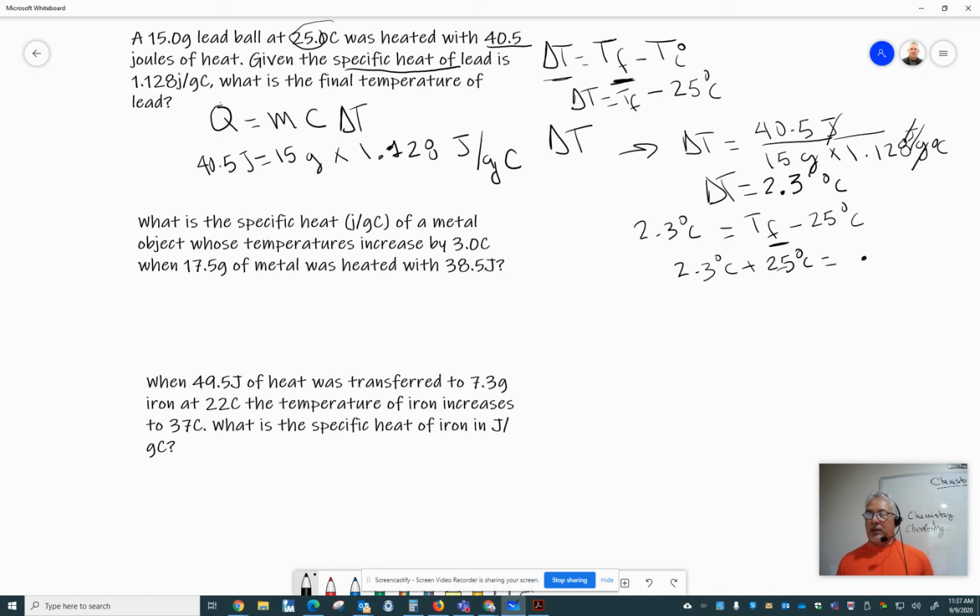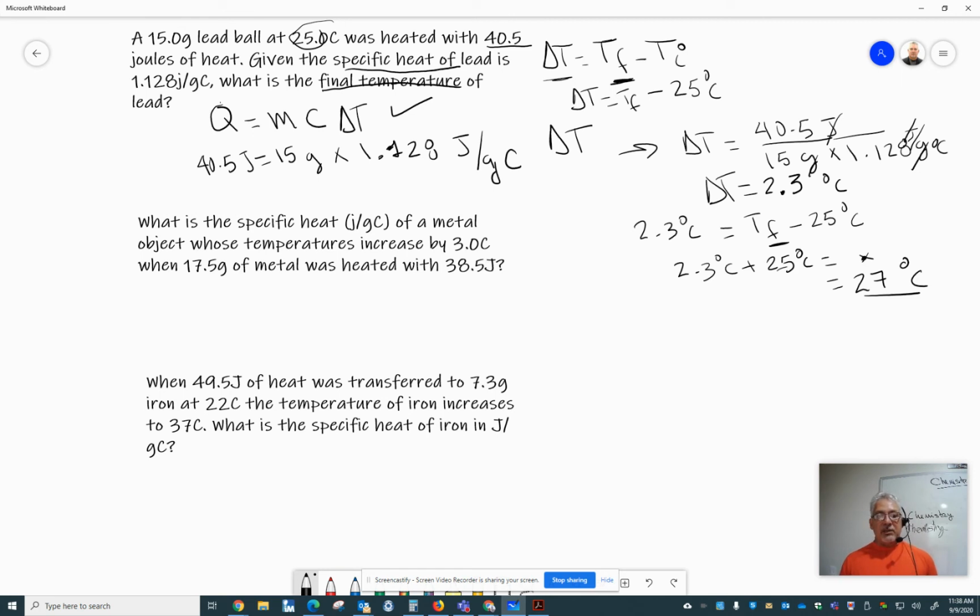And we don't have a decimal point here, so the answer should not have any decimal point. Using my rule, that will be 27, and that will be the final temperature that they're asking you on this equation. Again, this is the formula, and that will be the answer for that.